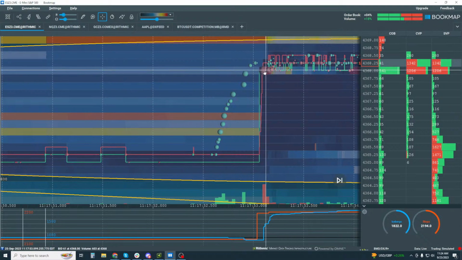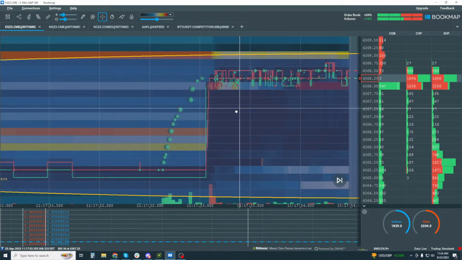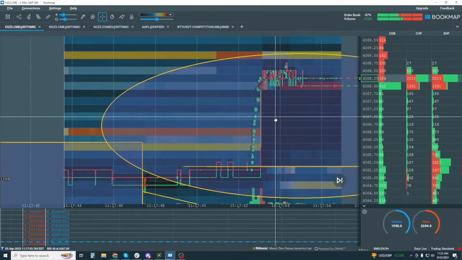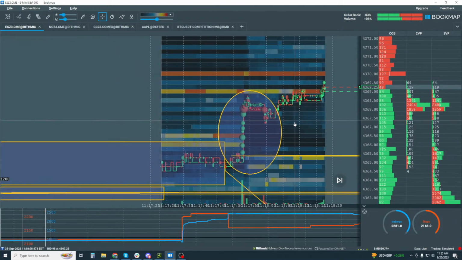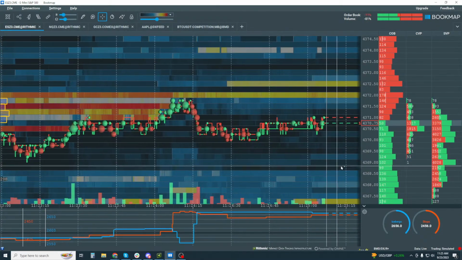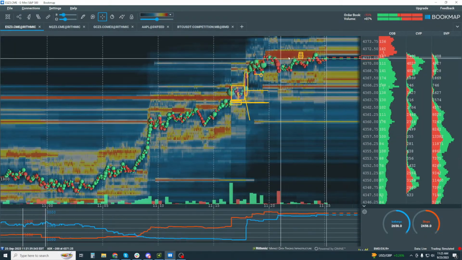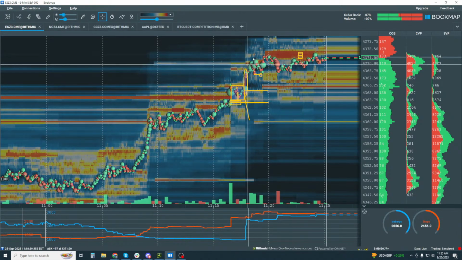And then also we have this very large iceberg up here, okay, on the bid. And they got filled. Right, so that's just fact. So we know where they are.